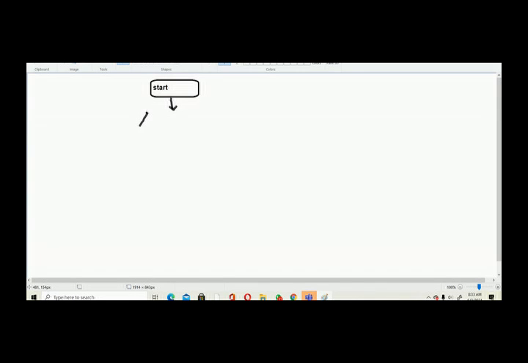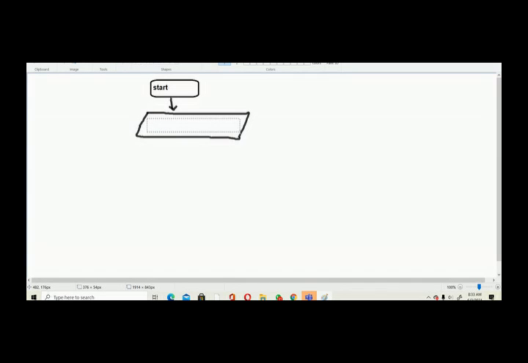Tea leaves, milk, water, sugar, tea pot, and a cup. You have to write them in a single parallelogram. Or else you can write one or two, but we will write in one.